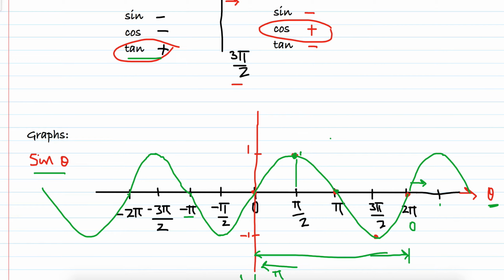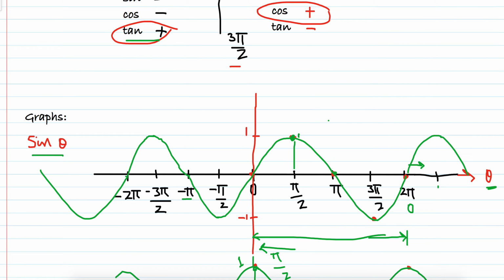If we draw cosec here, at 0 it will be plus infinity, at pi by 2 it will be 1, and then just before pi it will again be positive infinity.